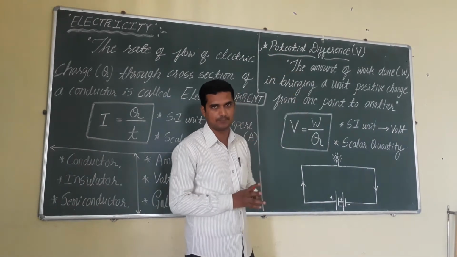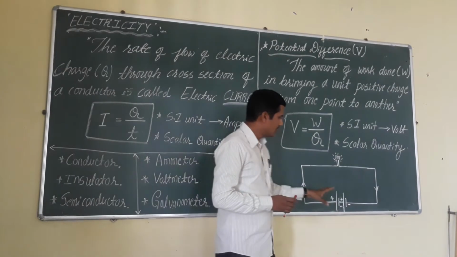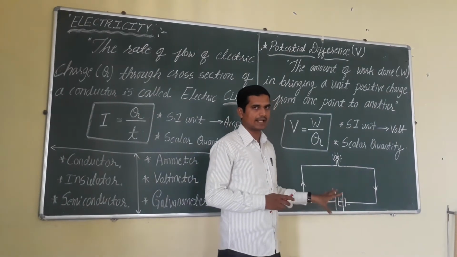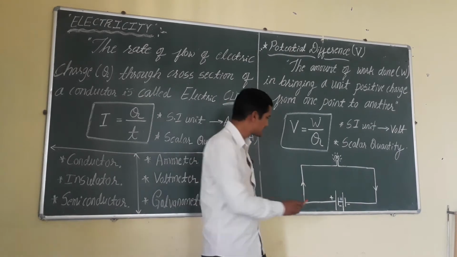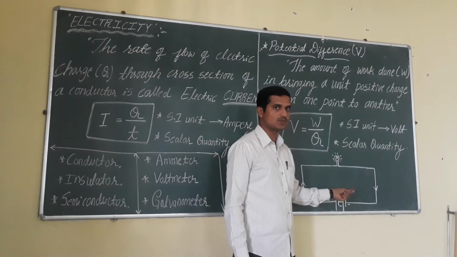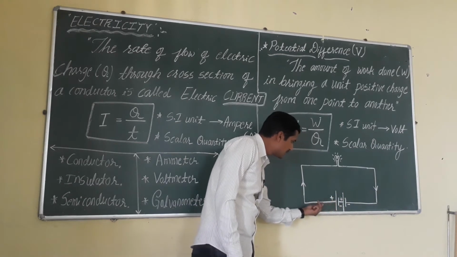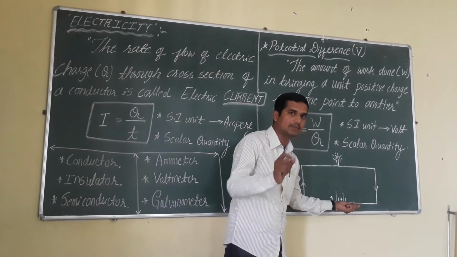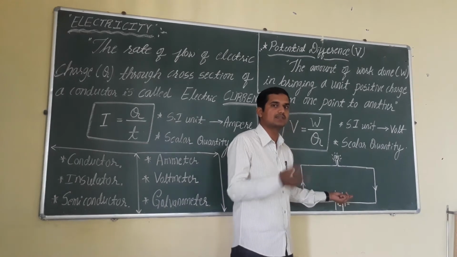or electric potential. Remember, when you close the plug key of this circuit diagram, the current starts flowing from the positive to the negative terminal of the circuit. In this situation, the charge starts flowing from this terminal to this terminal. That means some amount of work is done in this circuit.